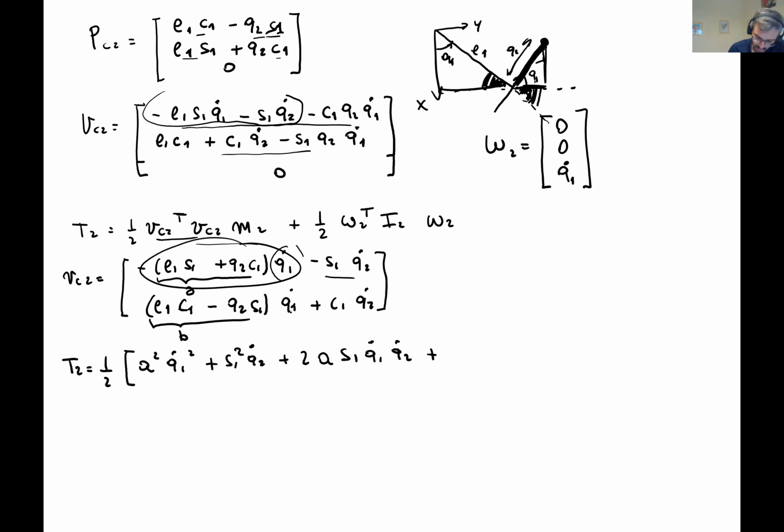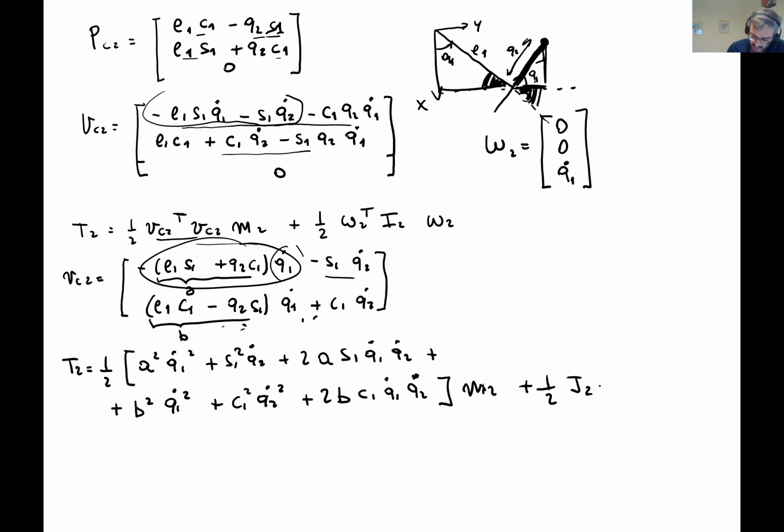Plus the square of the second component, which is B squared Q1 dot squared plus C1 squared Q2 dot squared, plus the double product B C1 Q1 dot Q2 dot, everything times M2, plus the rotational part, which, extracting the Z component of the tensor of inertia, is J2, because it's just a scalar part.